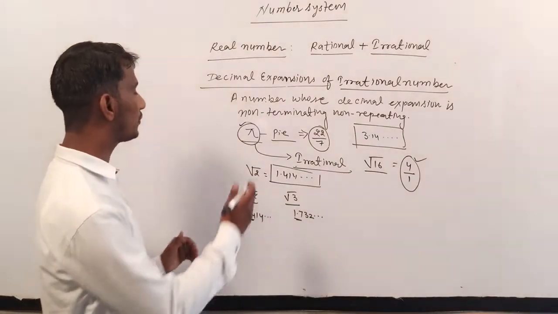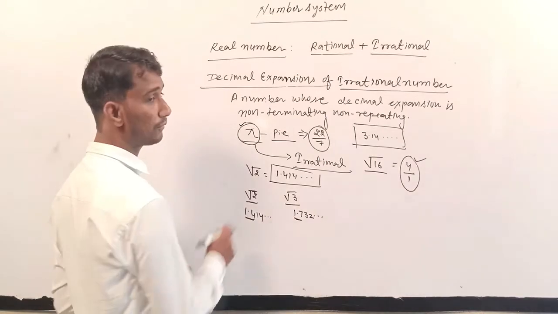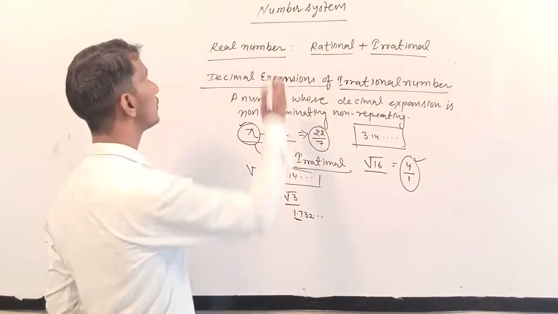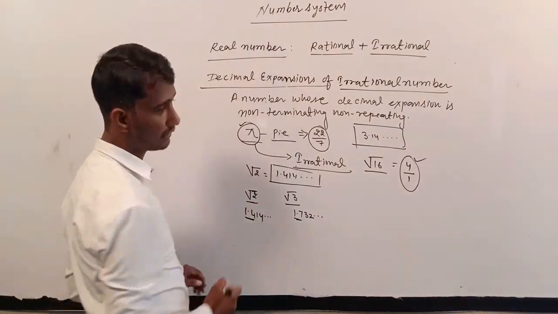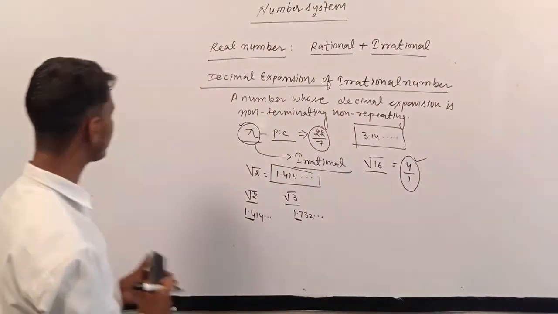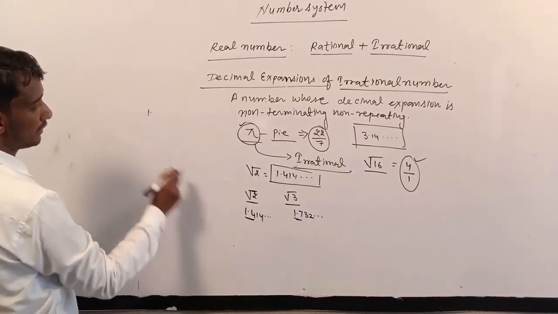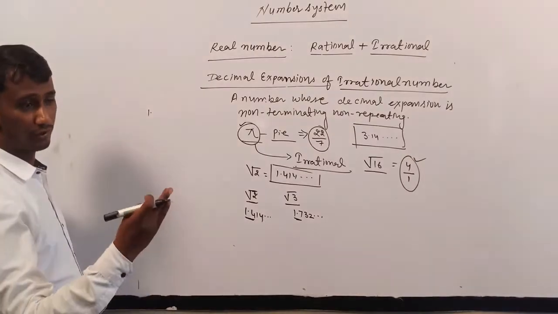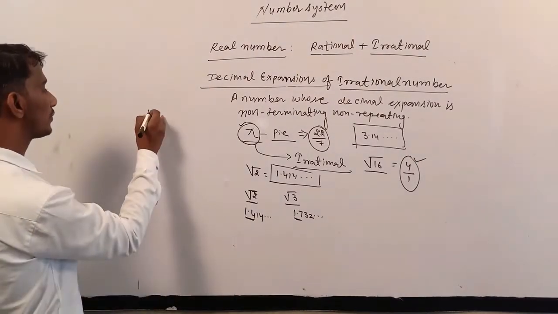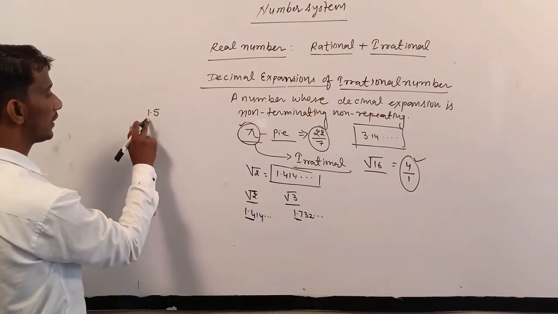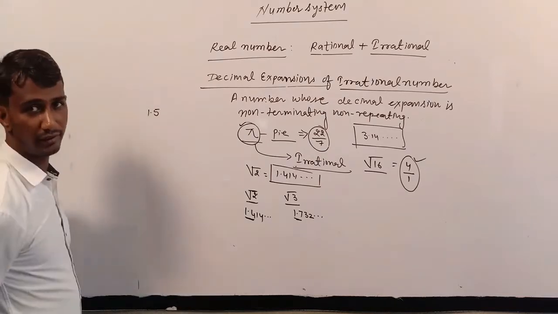Why? Because if you start from 1.4 to 1.7, after 1.4 comes 1.5, so you can start from 1.5 and then write any digits after that.